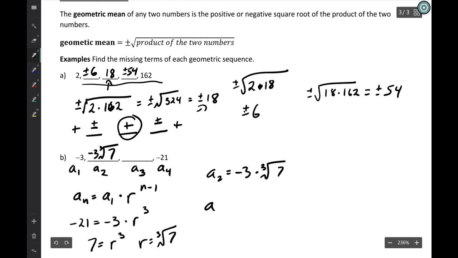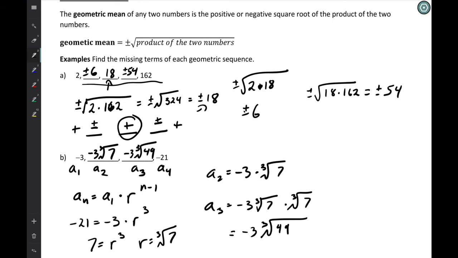To get the next term, a sub 3, this is going to be my last term, negative 3 cubed roots of 7 times the cubed root of 7, or negative 3 times the cubed root of 49. Plug that in up here. And there you go. That's your equation right there.